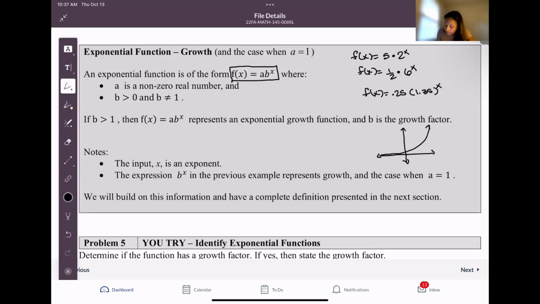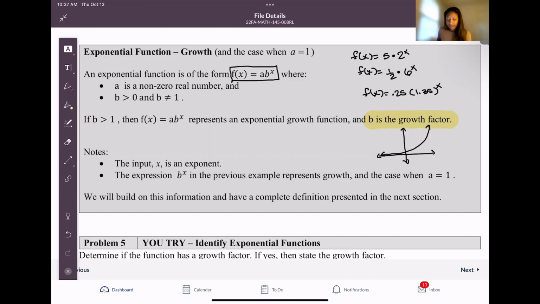The graph will look something like this. Okay, did I miss anything that's down here? Oh, so this is a growth function. B is called the growth factor. I'm going to highlight that. So B is called the base and also called the growth factor. And that's all the important stuff that's shared here. A is the initial value, but we'll talk about that a little later.